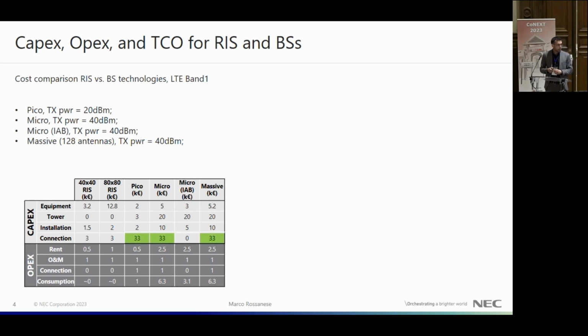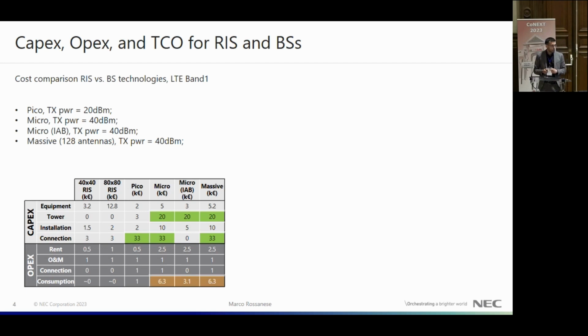Let's start with the base station and the CAPEX part, so the one-time cost that the operator has to sustain at the beginning. The most expensive part is the connection to the backhaul, the fiber optics, followed by the tower, so the structure where you're going to install your base station.